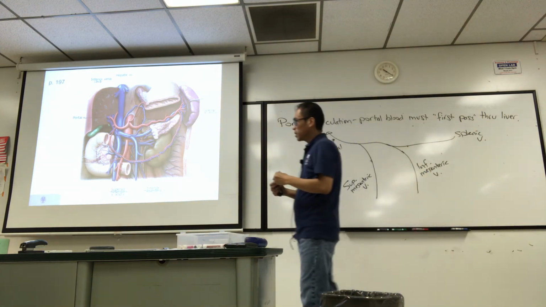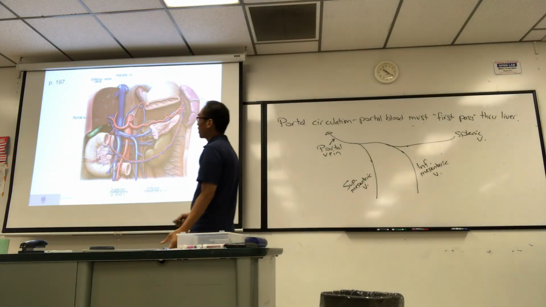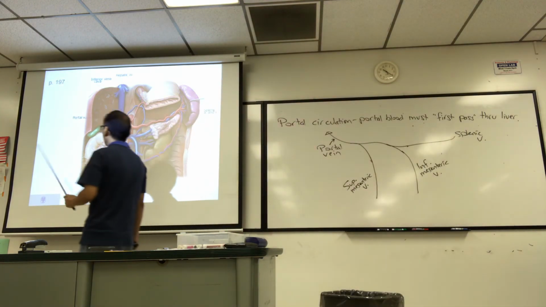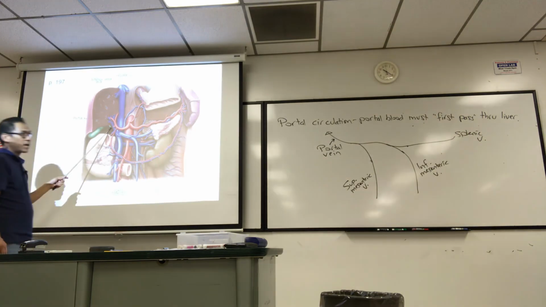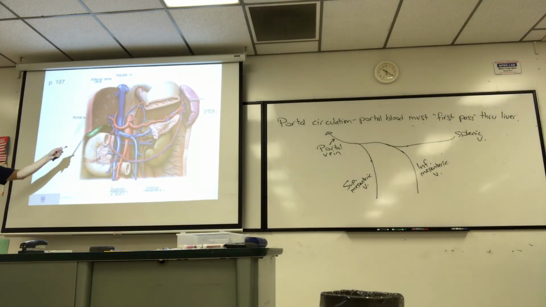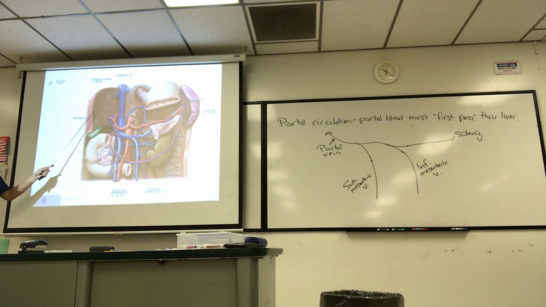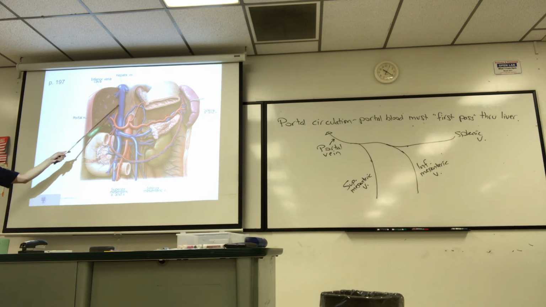Now, I've already told you to distinguish portal vein from hepatic vein, and this figure does a good job. For the portal vein, blood's going in. For the hepatic vein, blood's going out. You first pass through the liver before you get back to the general systemic circulation.